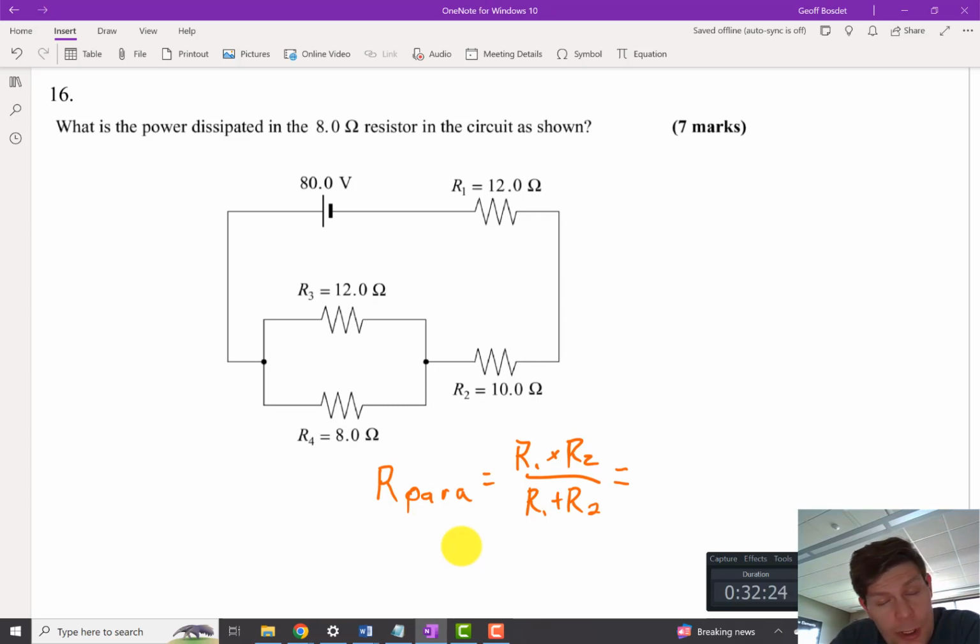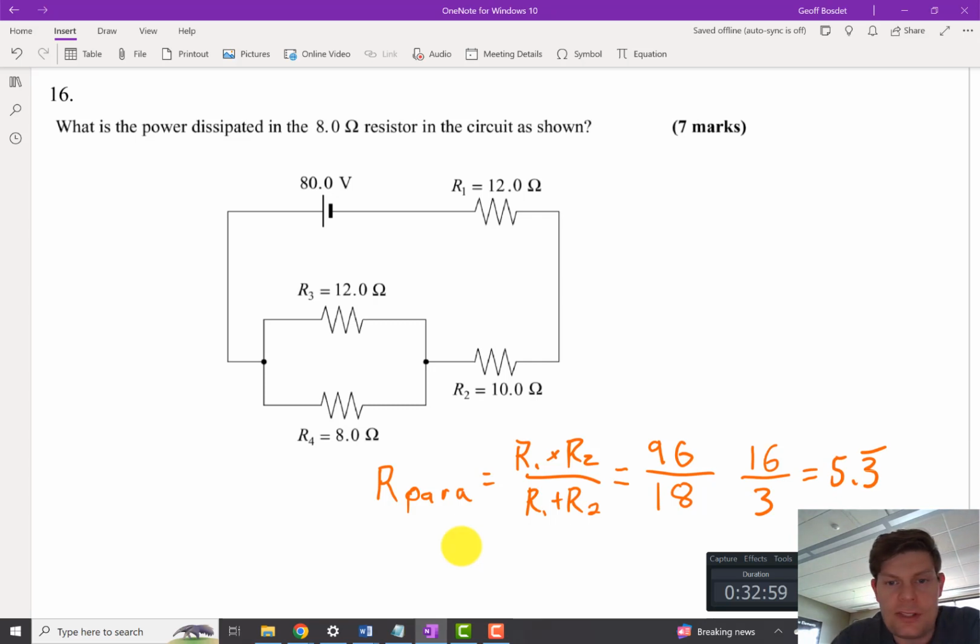Anyway, 12 times 8 is 96, and 12 plus 8 is 18. They're both divisible by 6. This is 16, this is 3, so it's 16 over 3, which is equal to 5.3 repeater. So we got 5.3 repeater as the resistance of that section.